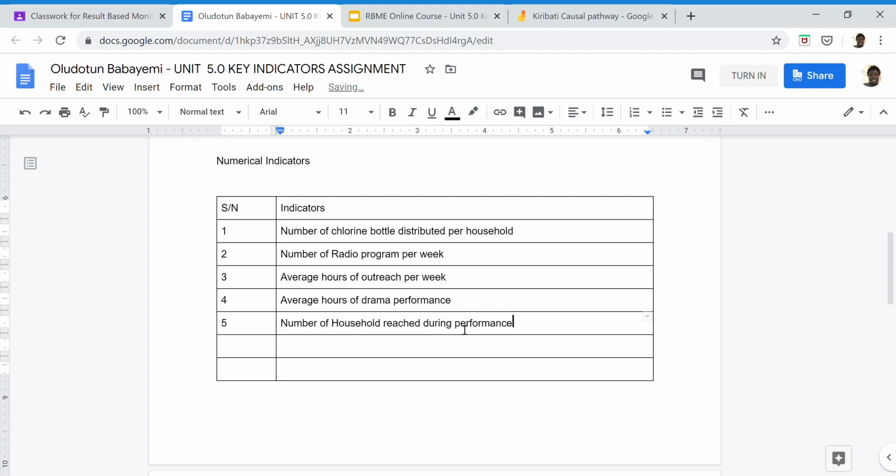This is actually an output related indicator.